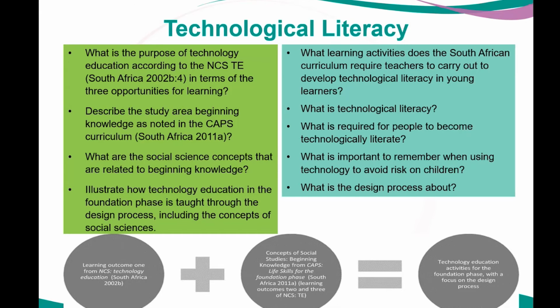the section in the CAPS curriculum document, the study area is called beginning knowledge, which is described as the drawing together of content and concepts from social sciences, in terms of history and geography, the natural sciences and technology. So the social science concepts in relation to beginning knowledge are conservation, cause and effect, place, adaptation, relationships and independence.